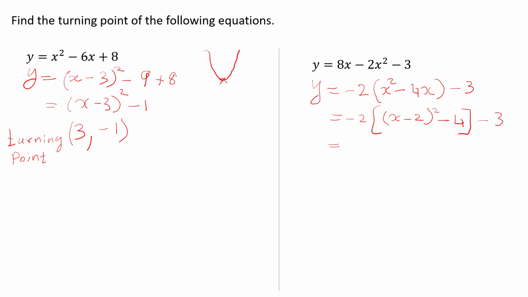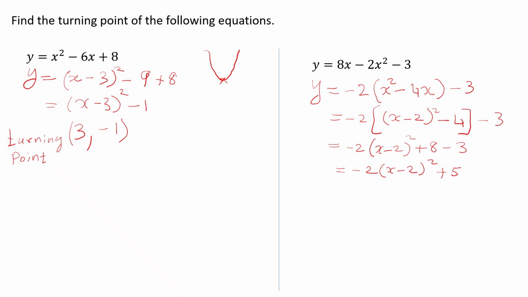Now multiply by negative 2: minus 2 times (x minus 2) squared, minus 2 times minus 4, plus 8, minus 3. So minus 2(x minus 2) squared plus 8 minus 3, which is plus 5.